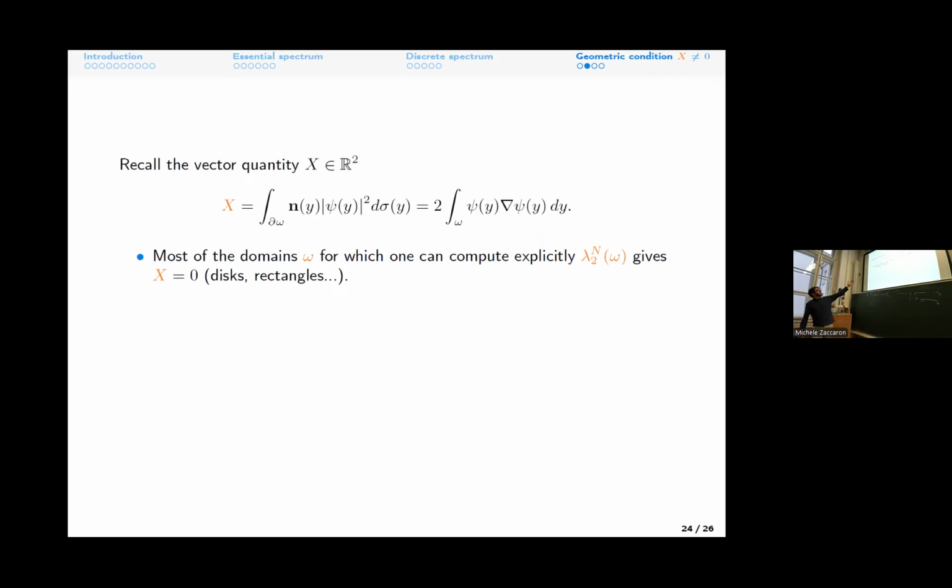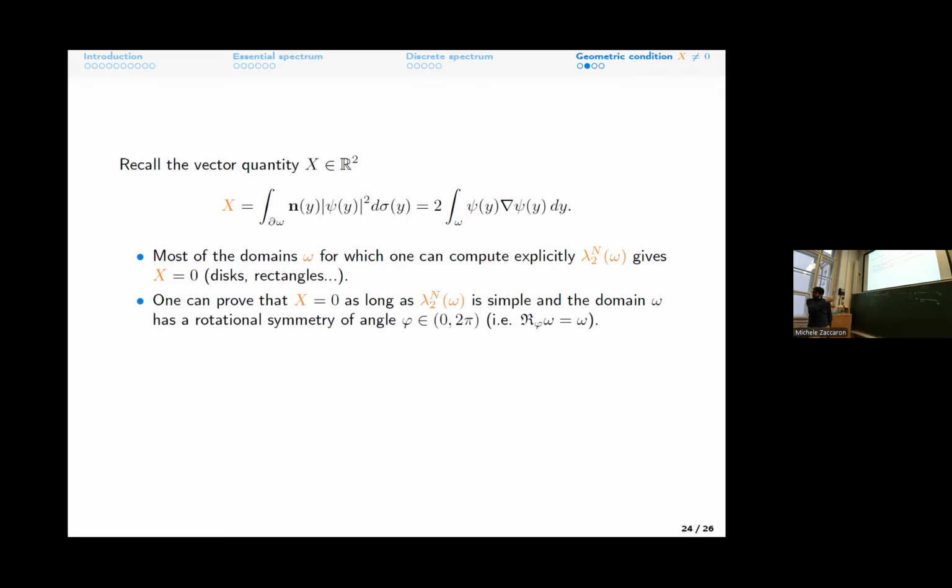For example, rectangles are probably the simplest, and they give us x equal to 0. If the domain, the cross section small omega, has many symmetries, then our x will be 0. So we cannot apply our condition.